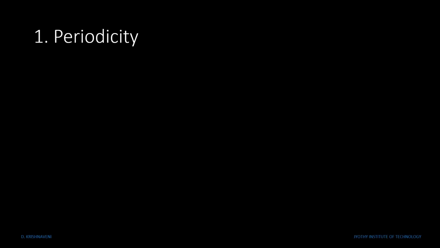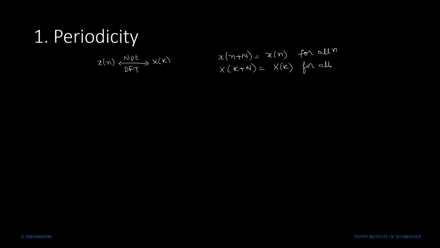First is the periodicity property. According to the periodicity property, if x of n and x of k are N-point DFT pairs, that means x of n is the time domain sequence and you apply N-point DFT to convert it into x of k in the frequency domain, then x of n plus N is equal to x of n for all values of n, and x of k plus N is equal to x of k for all values of k.